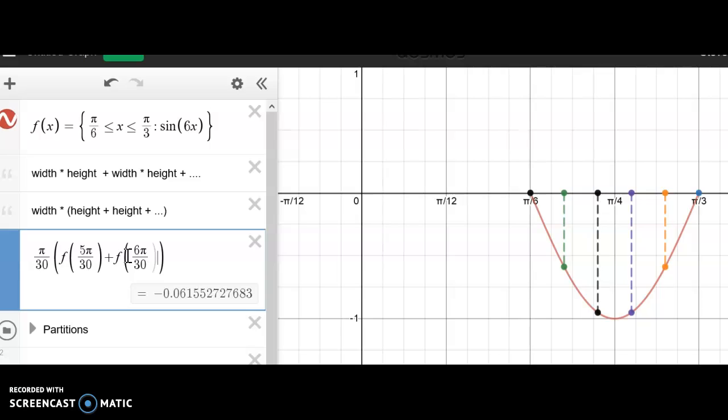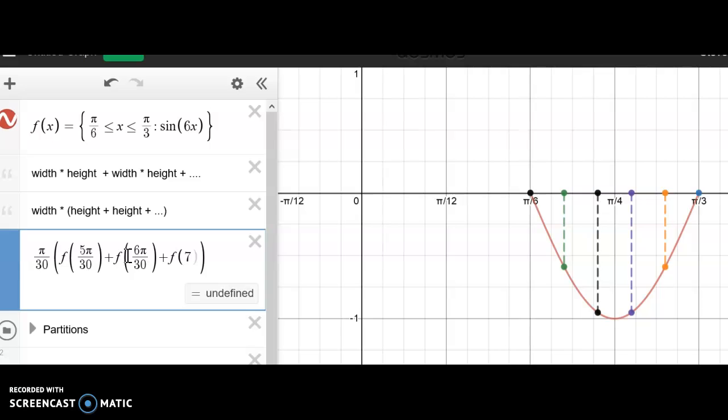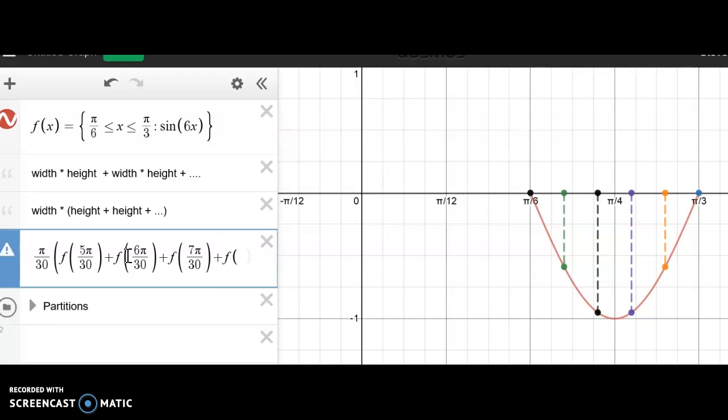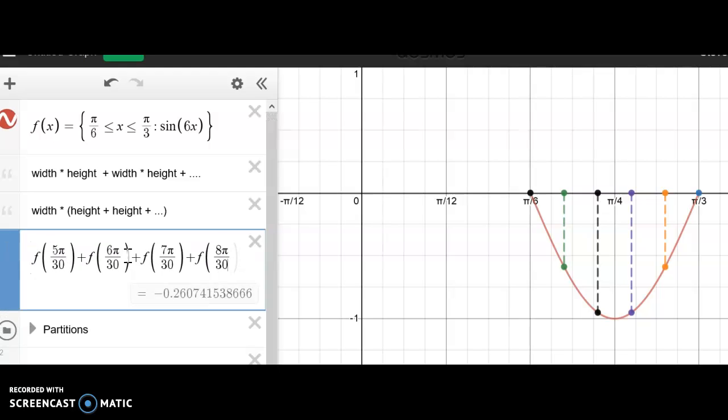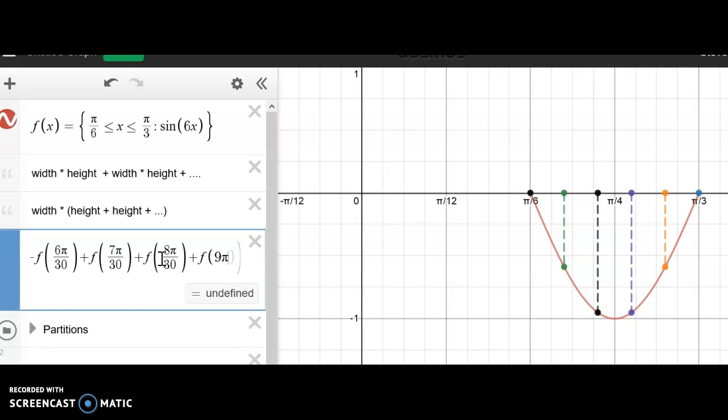And I'm going to continue on, just keep adding these: f of 7 pi over 30, then f of 8 pi over 30. Don't worry about reducing these while you're calculating it. We just need to make sure we have 5 different heights. There's 1, 2, 3, 4, and I need one more height, so that's going to happen at adding f of 9 pi over 30, right?